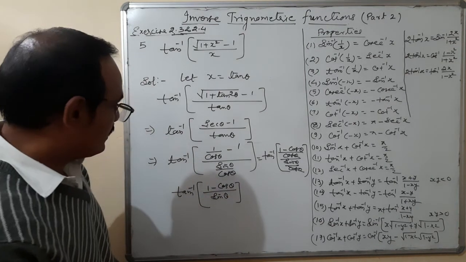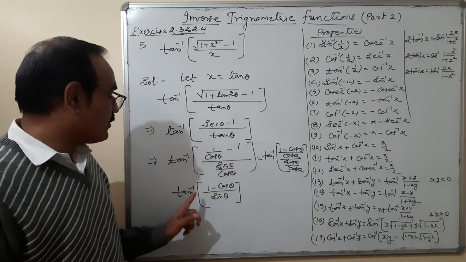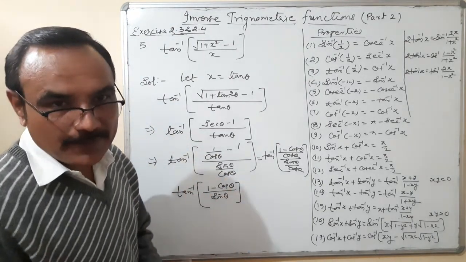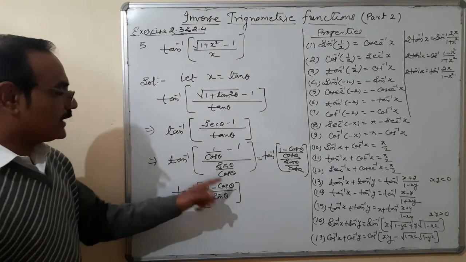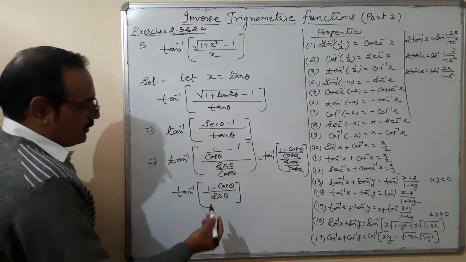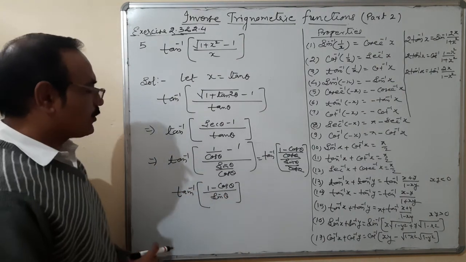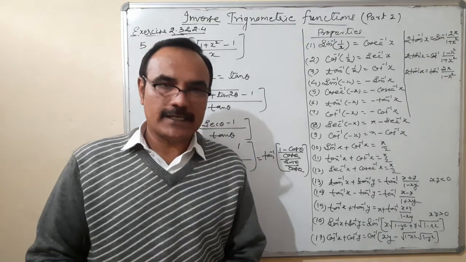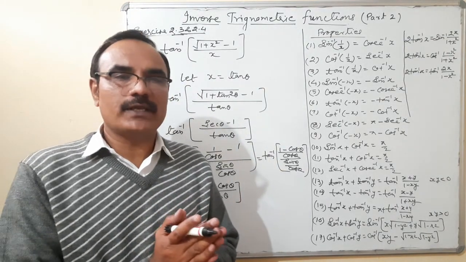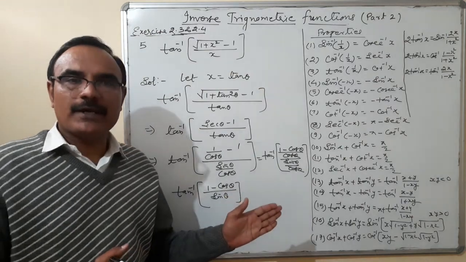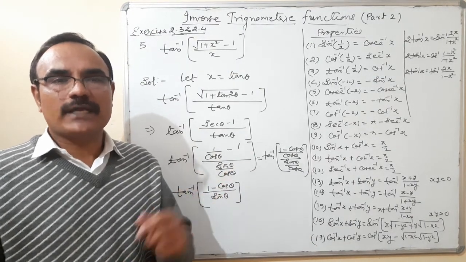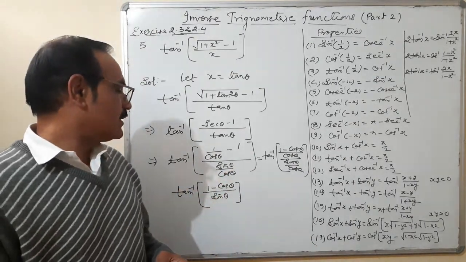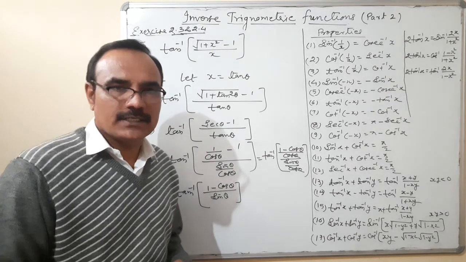After that, what should be done? How to convert this term into the form of tan, so that tan inverse and tan will be cancelled. Okay. 1 minus cos theta. We have three values of cos theta, treated as a half angle: cos theta is equal to 2 cos square theta by 2 minus 1, 1 minus 2 sin square theta by 2, and cos square theta by 2 minus sin square theta by 2.